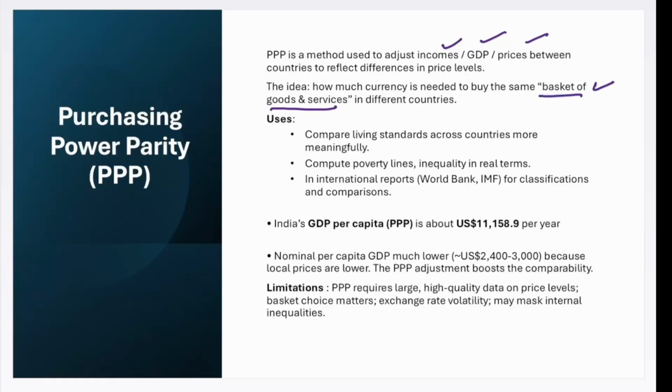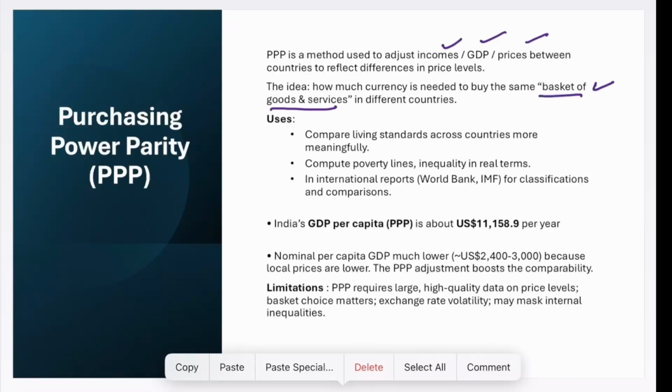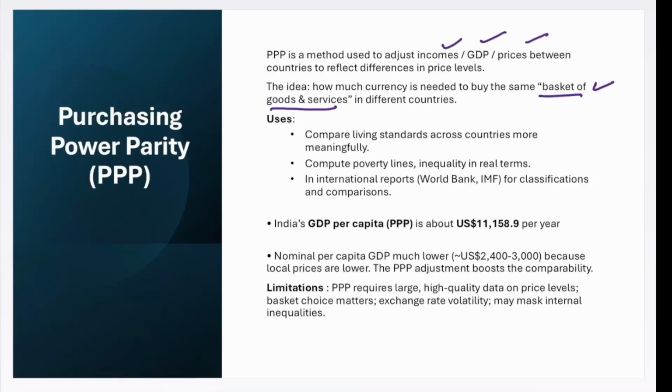Let's suppose a family is able to live a good standard of living by buying goods and services worth rupees 70,000 in India. Okay, let's assume 70,000 as the number. Now suppose the same goods and services are being consumed by another family of the same number of people in Canada, and that is coming to, let's say, 3,000 Canadian dollars.